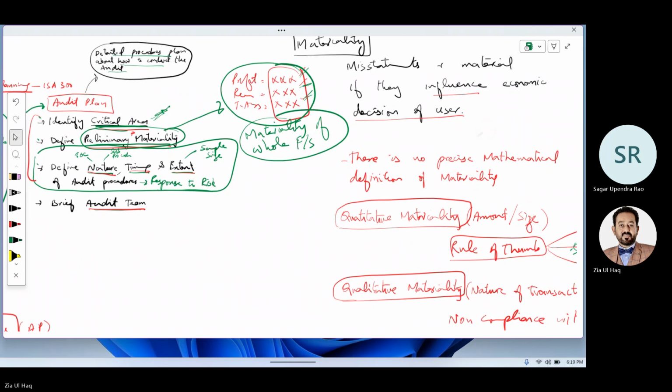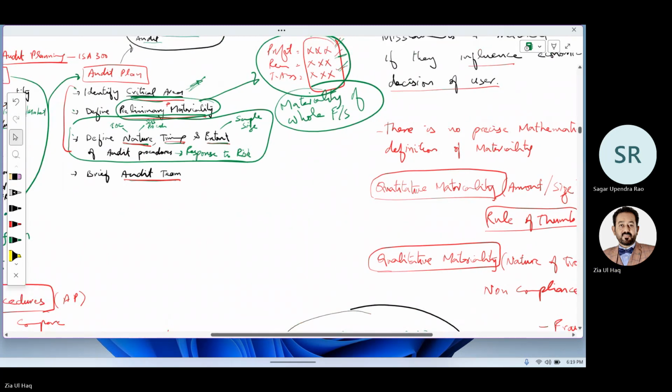What happens? Suppose during the audit the team is finding so many small immaterial misstatements. Comparing with these figures, they are immaterial, but they are finding so many. If you are finding so many small immaterial misstatements, what the auditing standard says is you should not ignore that.